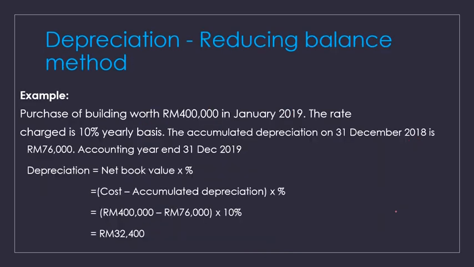So next kita akan buat reducing balance method. So dia kata purchase of building worth 400,000 in January 2019. The rate charge is 10% yearly basis. The accumulated depreciation on 31st December 2018 is 76,000. Accounting year end 31st December 2019. Okay, so formula untuk kira reducing balance method ni, depreciation using reducing balance method, ialah cost you kena tolak dengan accumulated depreciation.